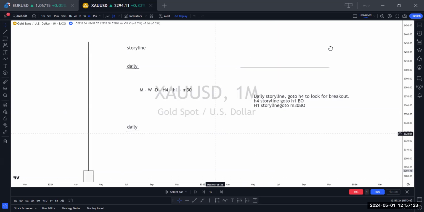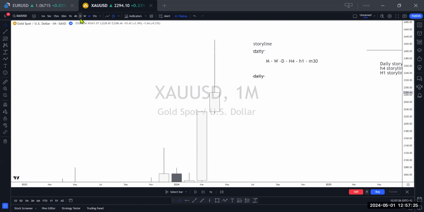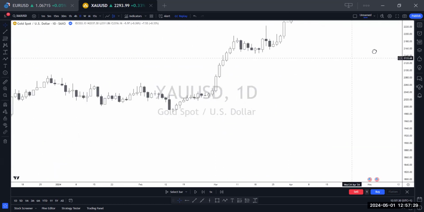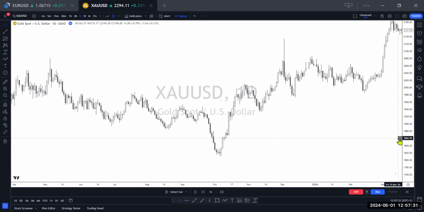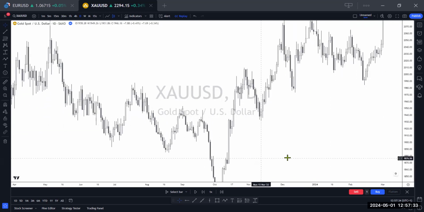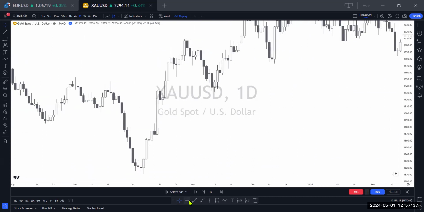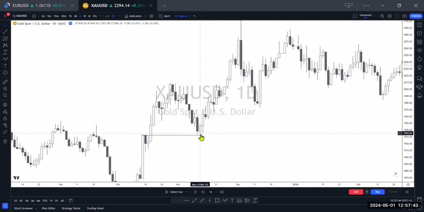Okay, so let's see examples of storyline. Let's look at daily to daily levels. So this is a daily SNR level right here. If I'm buying at this daily SNR level, where am I going to exit this trade?